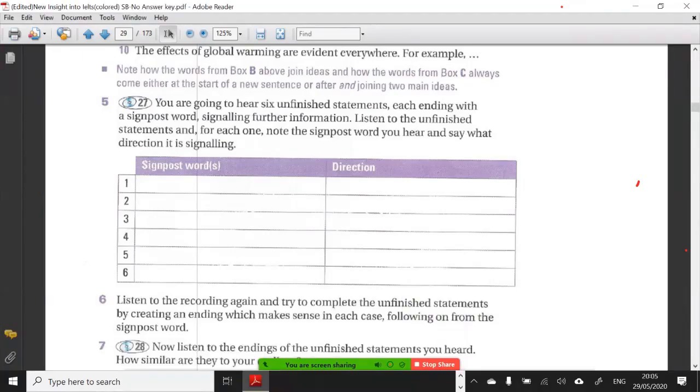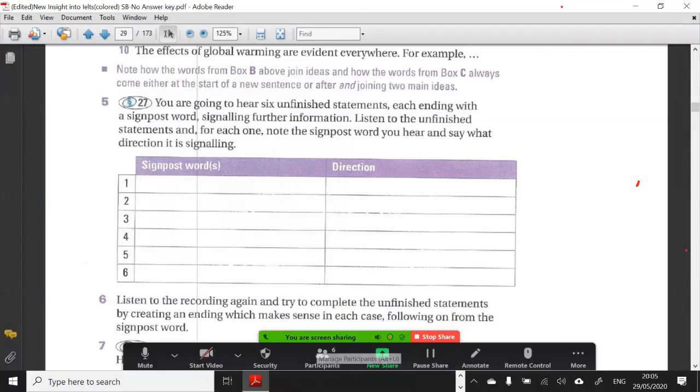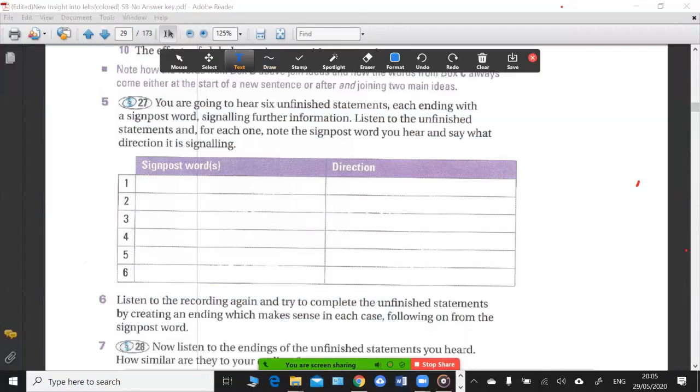For instance, introducing an example, giving you an example. Yes, sir. For instance means for example.